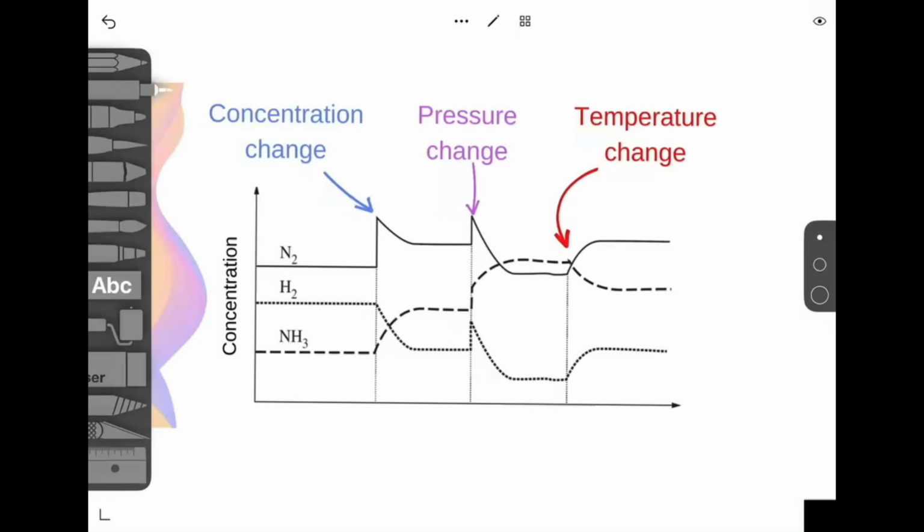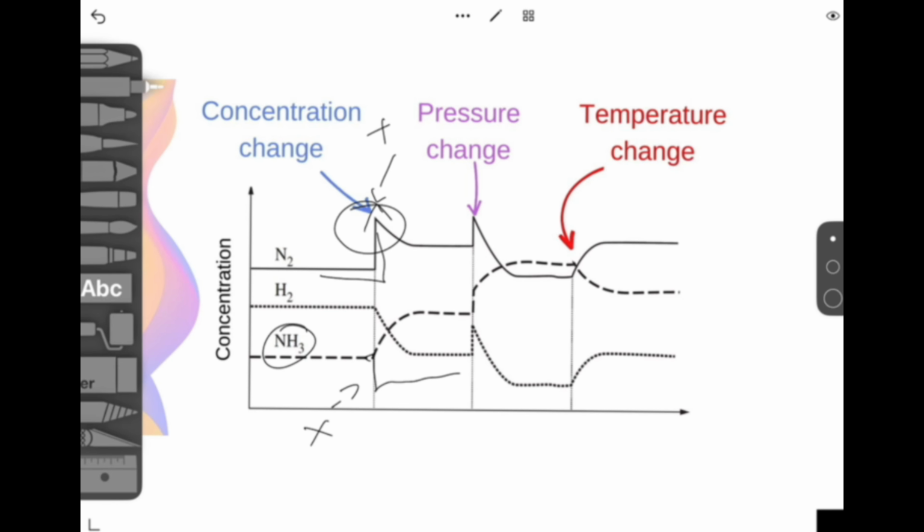On a graph, if you want to know if a concentration has been changed, look for a spike. As you can see on this graph here, the N2 has gone up suddenly. If it is a sudden increase, or say for example NH3 suddenly was to go down, that means NH3 would be removed. But here, as you can see, it is being added.